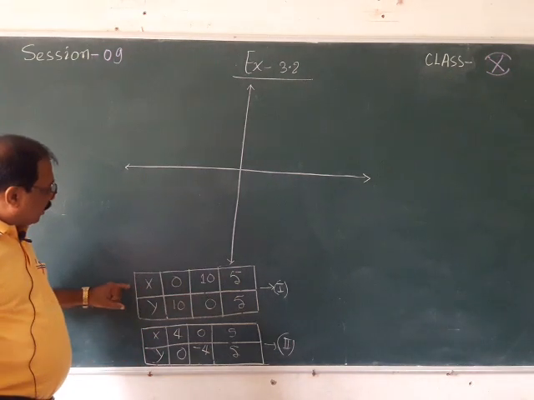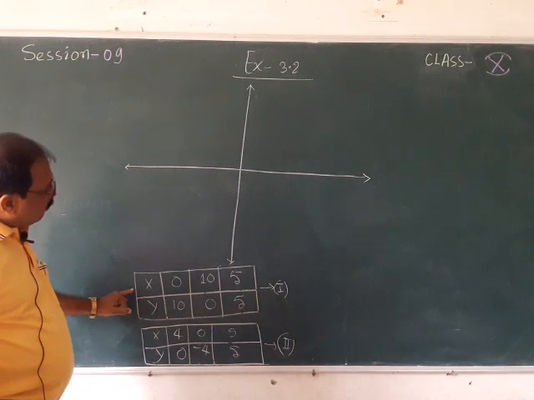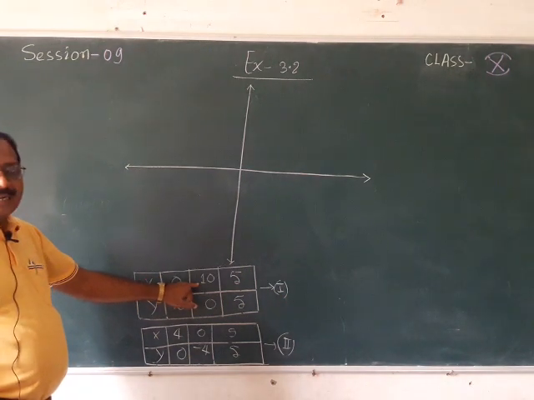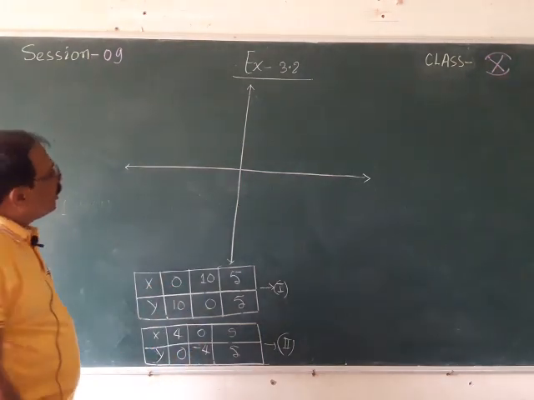Here I have to check, for both the value charts, which value is maximum. The maximum value I can see is 10, and the minimum value is -4.